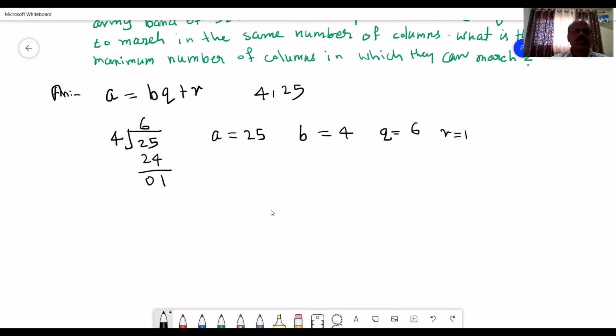Suppose we are considering two other numbers also, say 6 and 48.